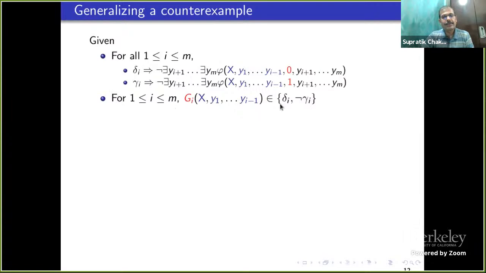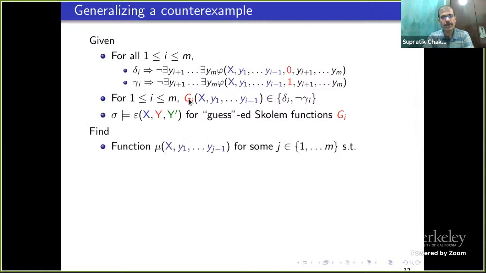So all our guessed functions are either gamma i or delta i. For different i, they could be different. And indeed, the counterexample showed us that these guessed Skolem functions are wrong.